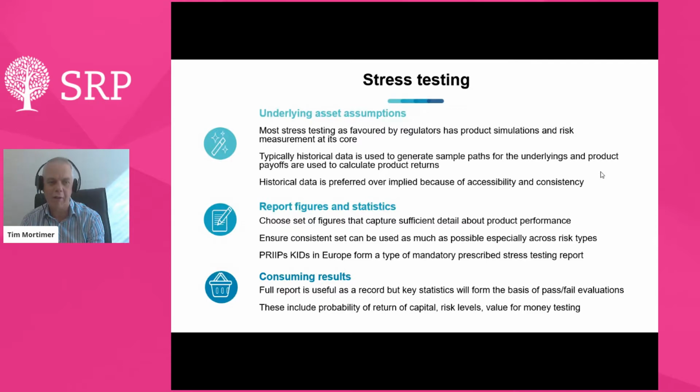So historical data is simpler to set up, and it also allows all parties to have a similar answer, which is good for the market, with consistency there. By historical data, we mean take an underlying, perhaps measure its 5-year volatility and its estimated dividend yield, and then use that to generate new simulations to test a product.